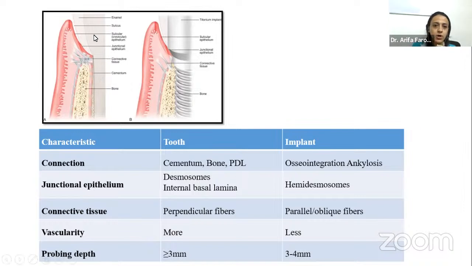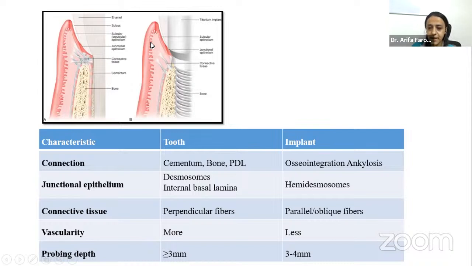The peri-implant mucosa is sometimes covered by a keratinized overlying epithelium, which extends apically up to the mucosal junction and then continues as the alveolar mucosa.